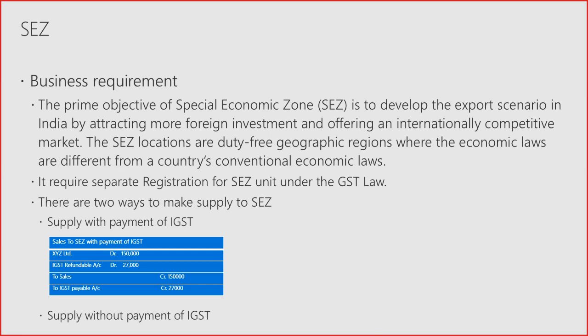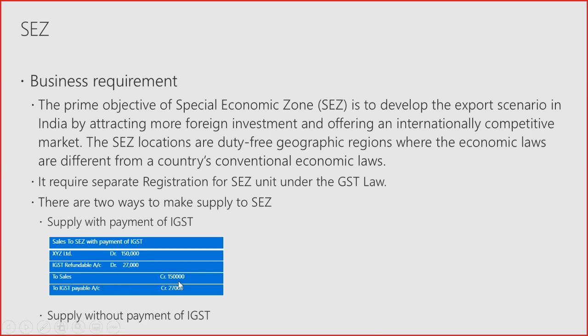Another thing is there are two ways to make supply to SEZ. One is you make the supply with payment of IGST. The posting will be like this. The first line is account receivable. Unlike normal sales, you will debit an IGST refundable account instead of tax recoverable account.